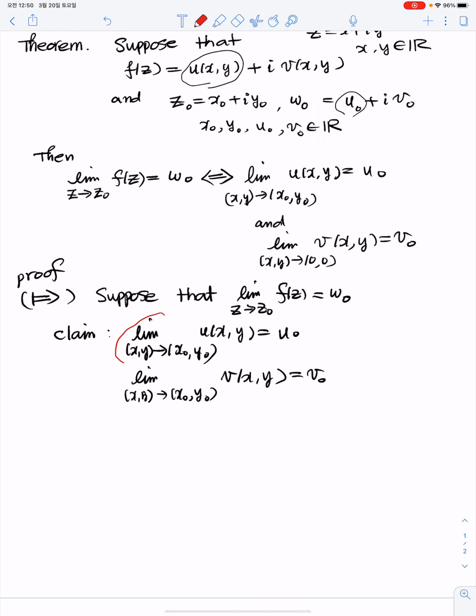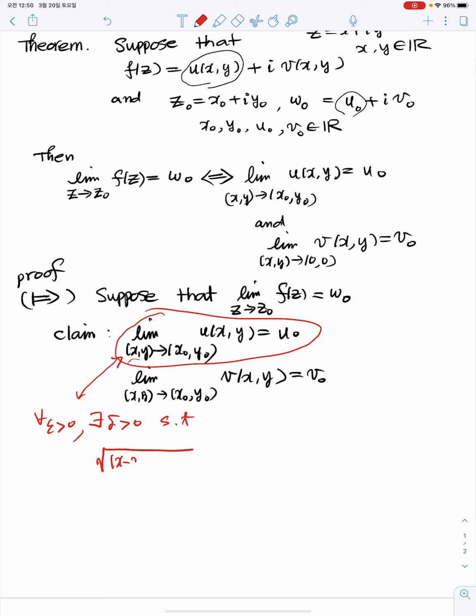If we like to show this one by definition, you need to show that for every given epsilon you have to find a delta that is positive such that the distance, root of (x minus x0) squared plus (y minus y0) squared, is less than delta and greater than 0.